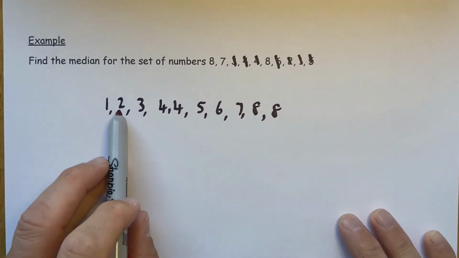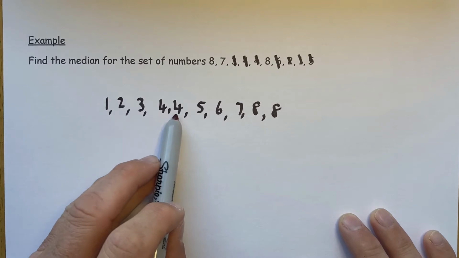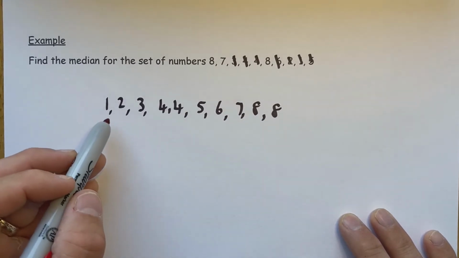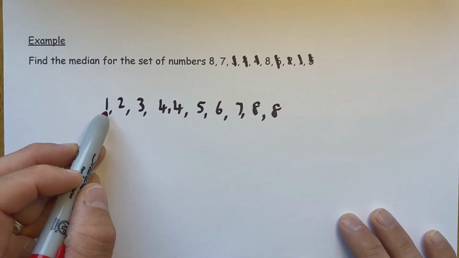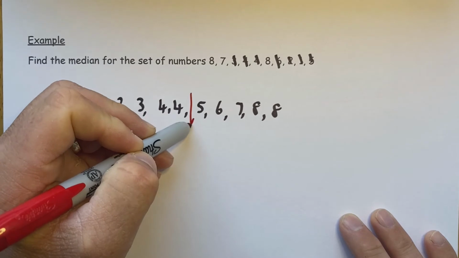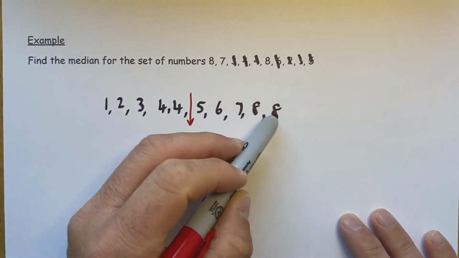So we've got 1, 2, 3, 4, 5, 6, 7, 8, 9, 10 numbers. So the median would make it so that there's 5 numbers each side. 1, 2, 3, 4, 5. 1, 2, 3, 4, 5.